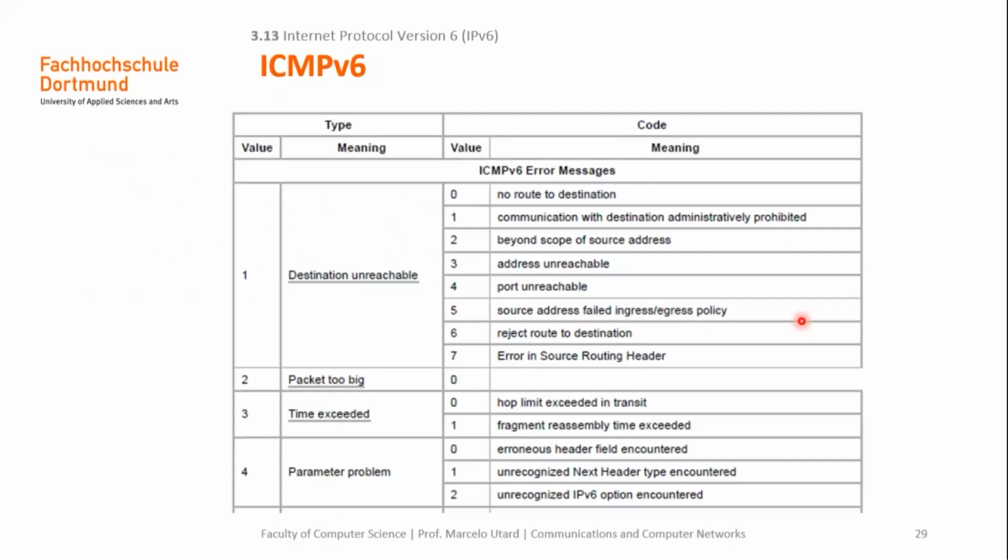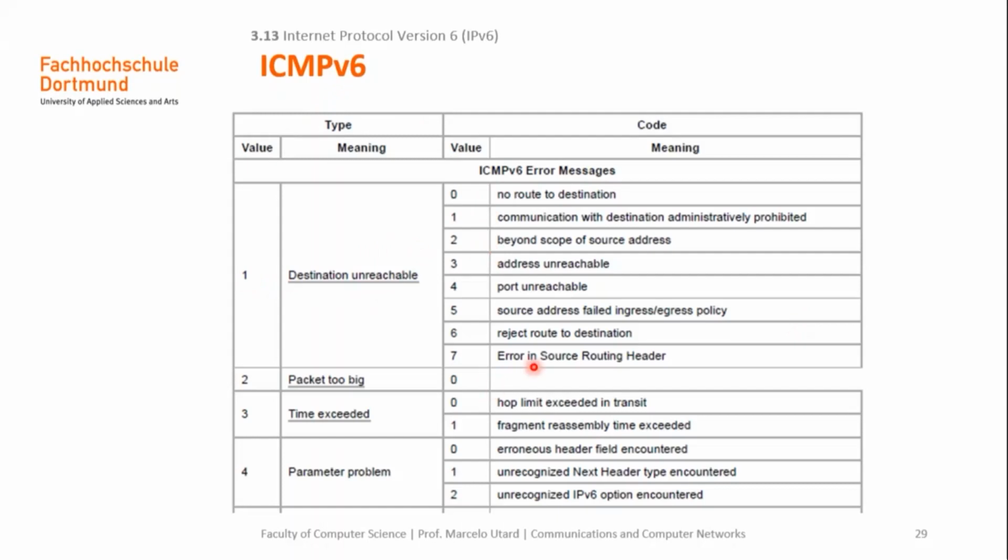Then in this picture, we could see the different types of ICMP version 6 error messages. Typically, type 1 indicates destination unreachable with different codes.